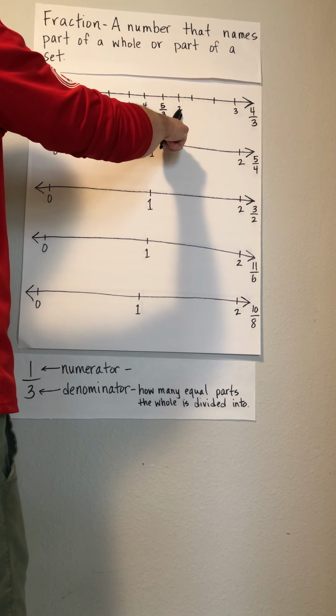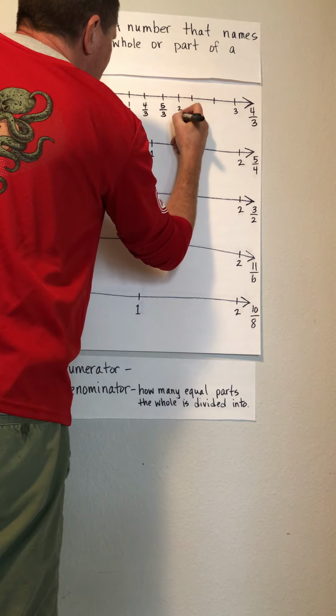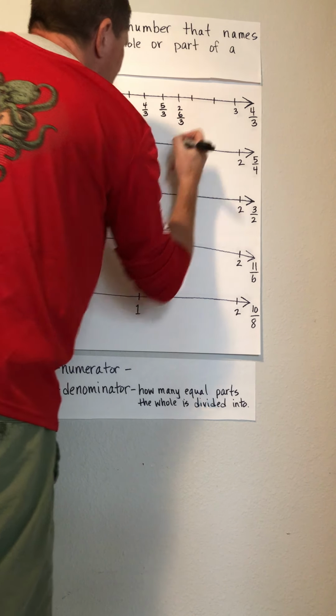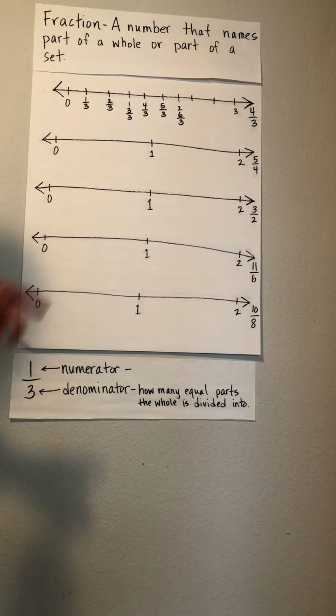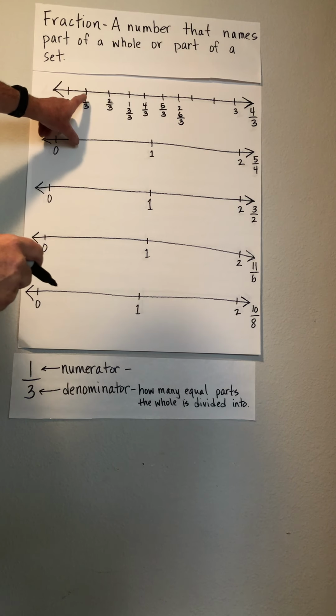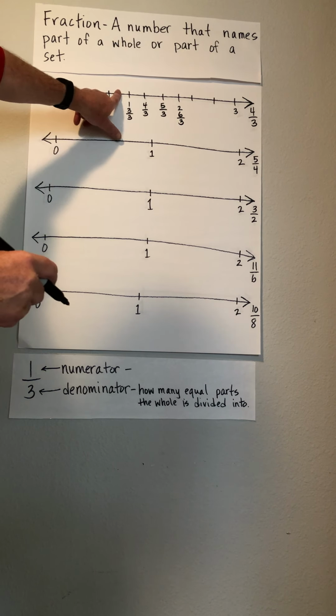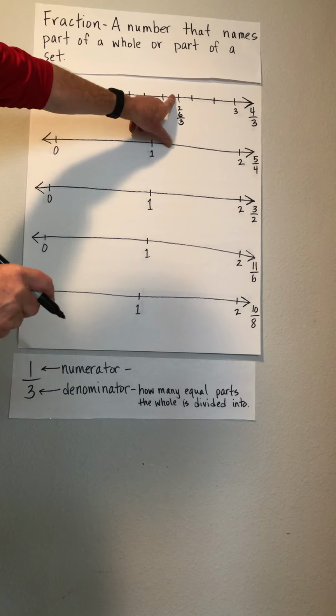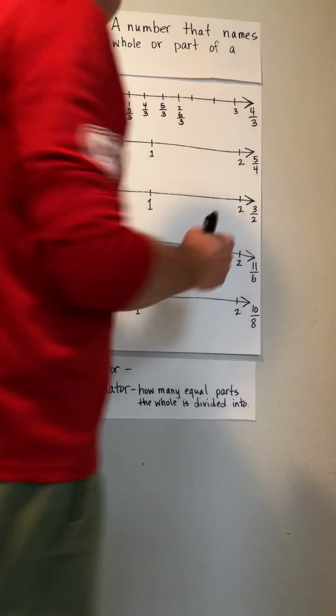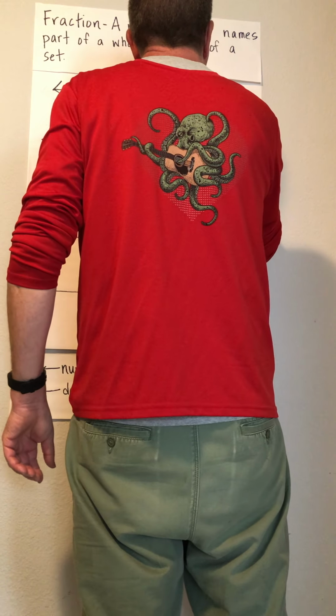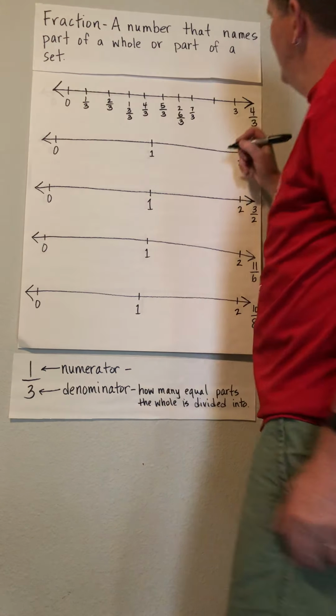Now we're at 2, and 2 is the same as 6/3. Okay? You can count them to check your work. 1, 2, 3, 4, 5, 6. 6/3. Another third is 7/3.